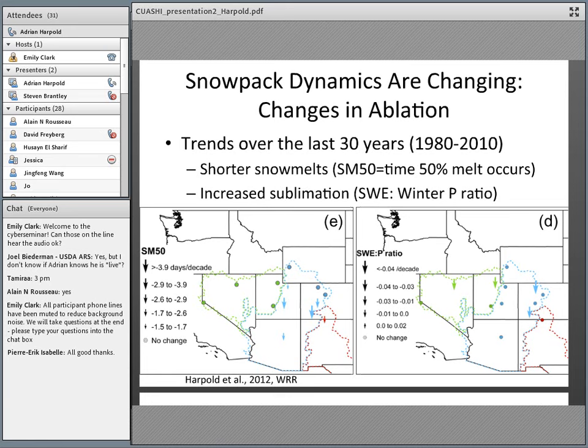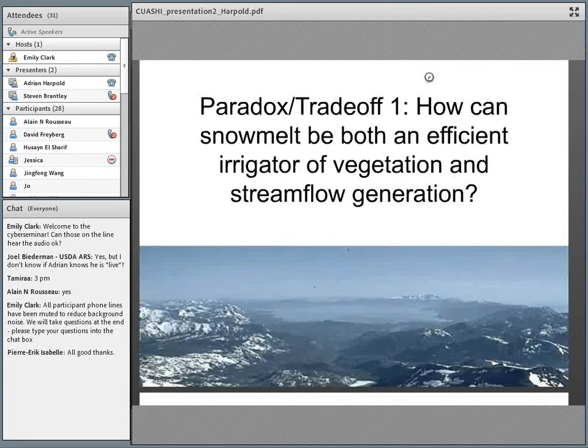So we're seeing these systems kind of change before our eyes, both in terms of the amount of snow that they accumulate, but also where that snow is going. And so we're really interested in what are the impacts of this on water partitioning. And in this talk, I'll be very much focused on evapotranspiration.